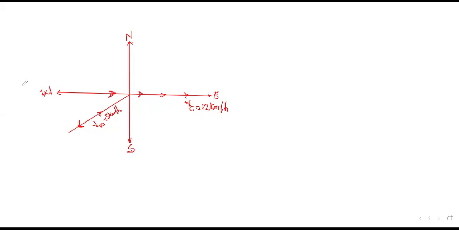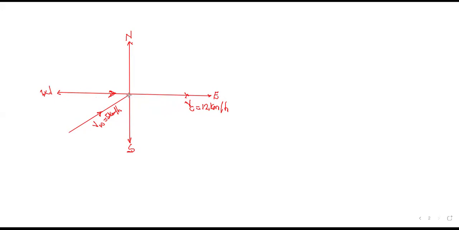Are we okay? Yes, sir. Now, vectors are equal no matter where they are if they have the same magnitude and direction. So we can equally bring this velocity of the wind and direct it here.